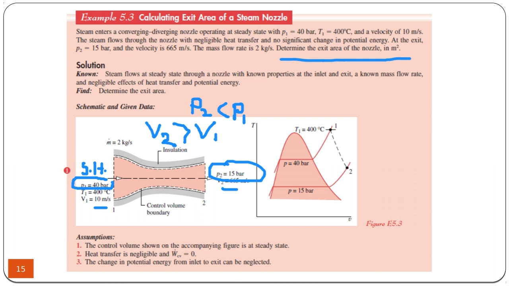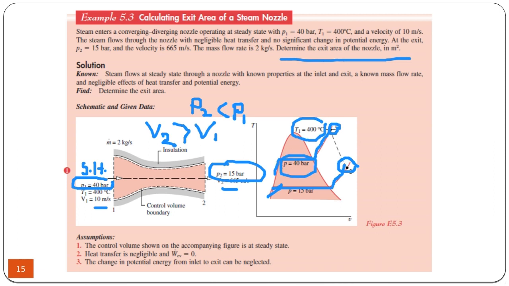So if you put everything on the saturation curve, we have initially 40 bar. So initial situation is this. We have steam at 40 bar and 400 Celsius. When it passes through the nozzle, the final pressure is 15, and the final temperature is not given, but we know that its pressure has dropped from 40 bars to 15 bars.